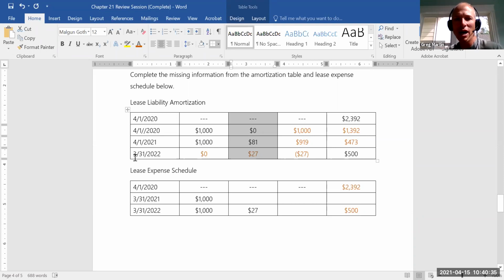Notice that we have end of month dates here, and beginning of month dates here, and an end of month date here. Notice that on 3/31/2022, the inferred interest in the lease expense schedule and the inferred interest in the lease liability amortization table are exactly the same. And that's how they're connected. The interest connects the two tables.